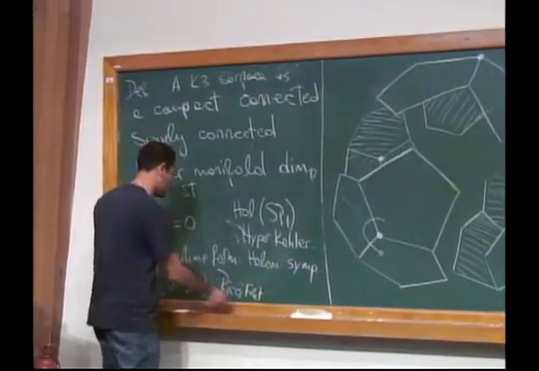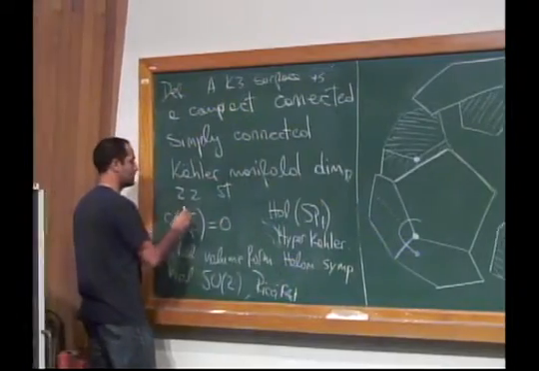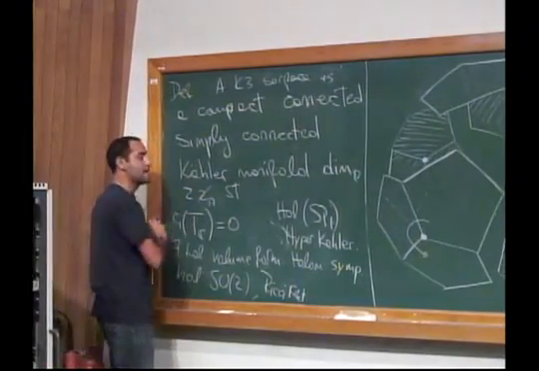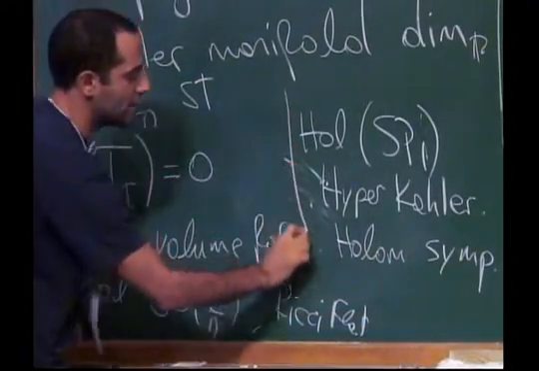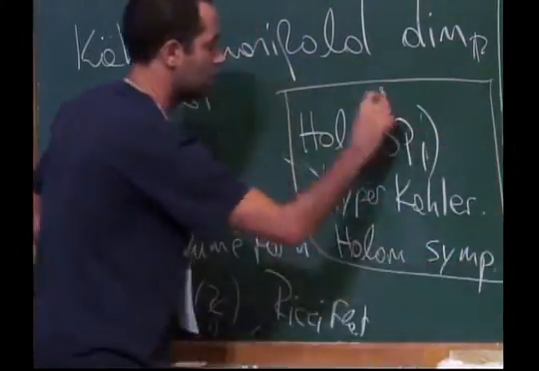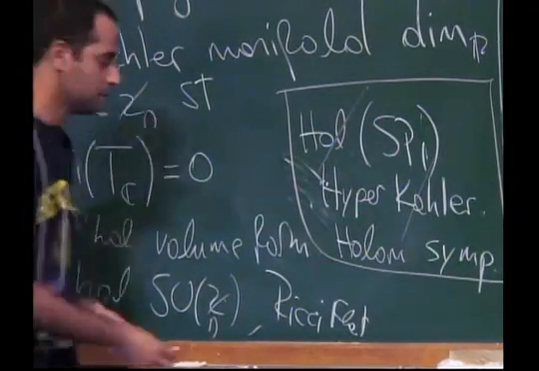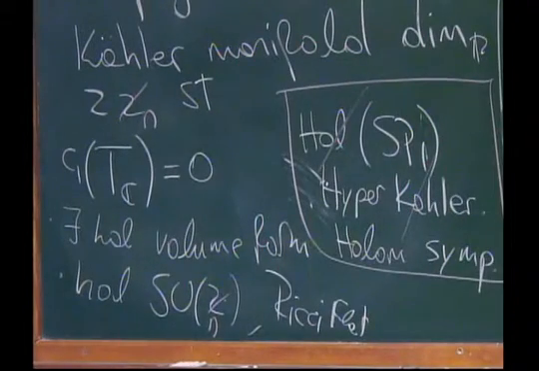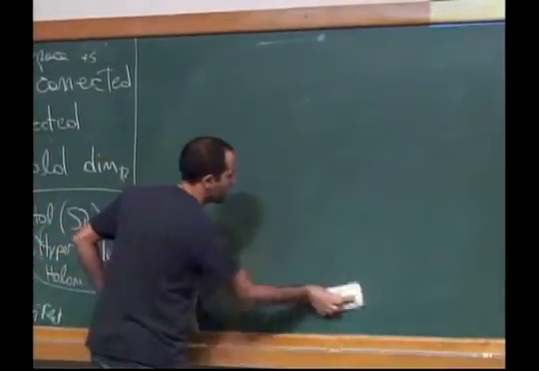It's just to say a few words, that if I replace here 2 times 2 by 2 times n, and replace SU2 by SUn, then this is the definition of a Calabi-Yau n-fold. So a K3 surface is a Calabi-Yau two-fold. I want to give you some words about the connection of K3 surfaces with M24 that dates back to work of Mukai.